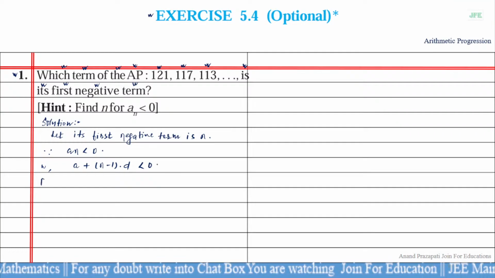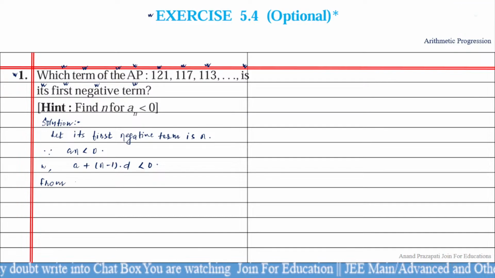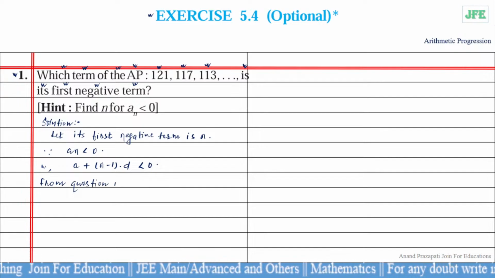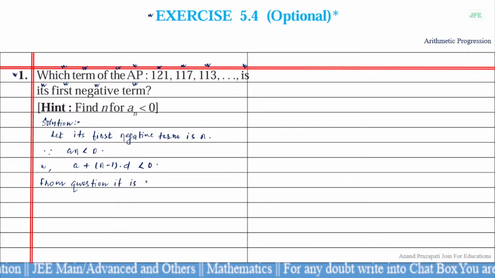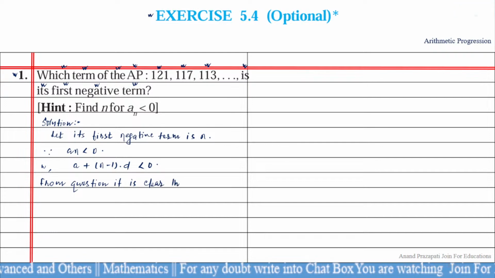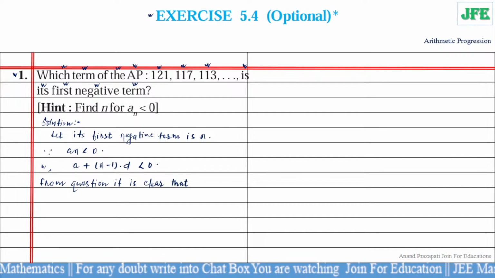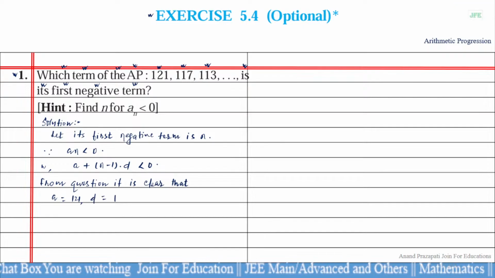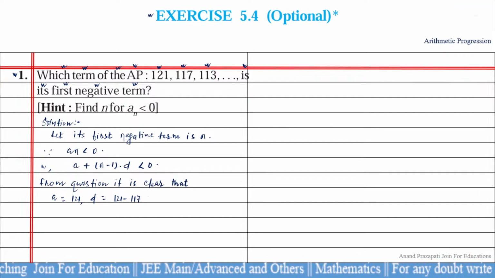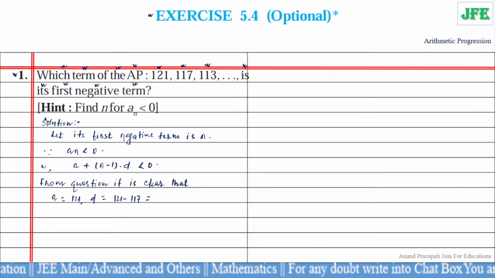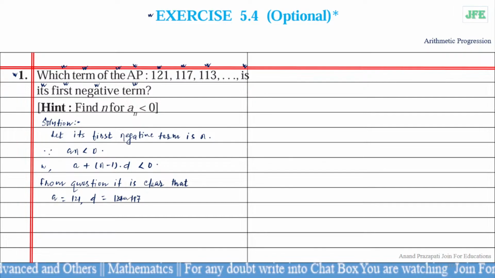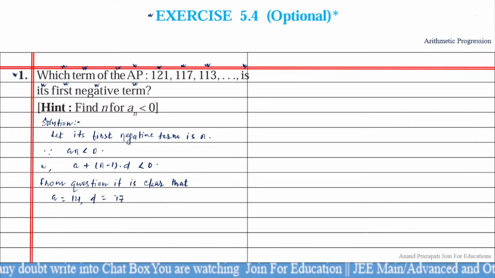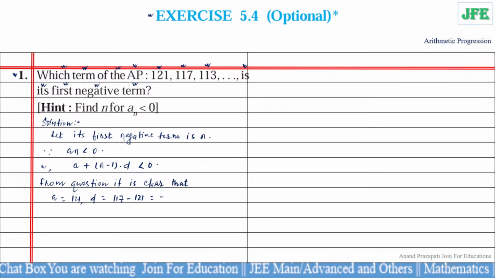From the question it is clear that a equal to 121 and d will be 117 minus 121 equal to minus 4.